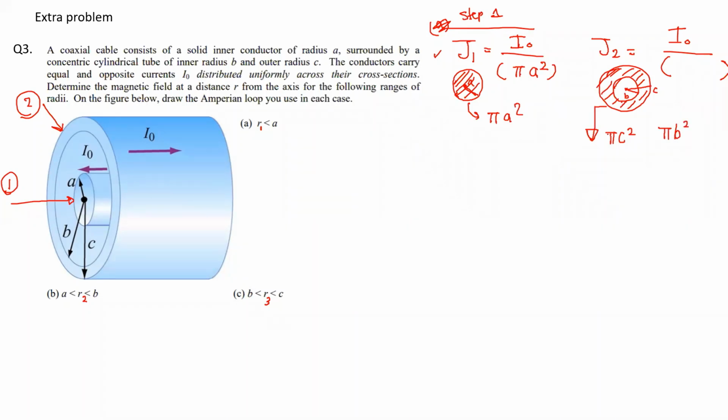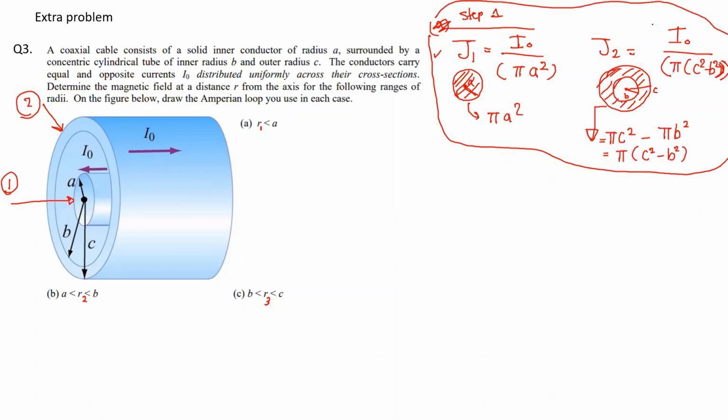So you have a big circle pi C squared and then you removed pi B squared from it. So if I arrange this nicely, what I get is pi times C squared minus B squared. So in a problem like this, it's good if you can write the densities first before you start the problem. Once you know the densities, the problem becomes easier.